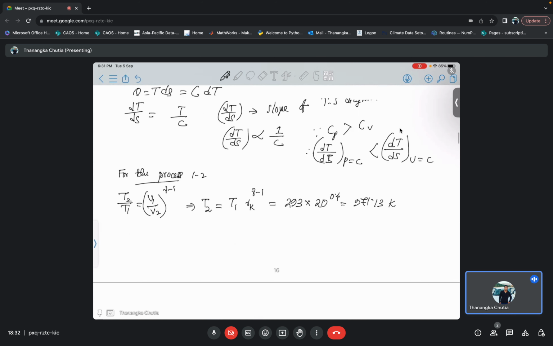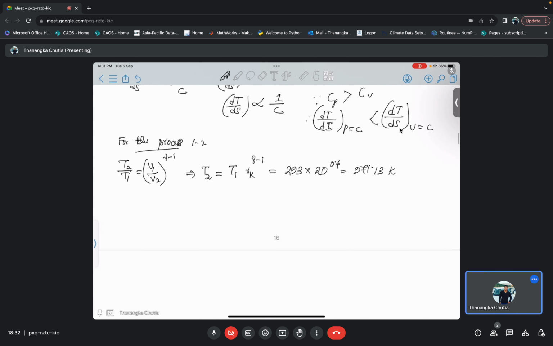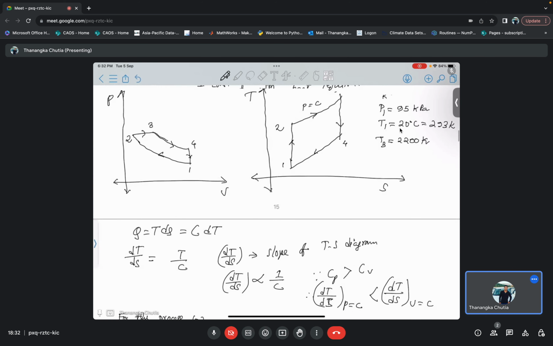So how will we go? P1 V1 is equal to RT1. So from here V1 will be equal to RT1 by P1. What is R? 0.287, T1 293, and what is P1? 95.